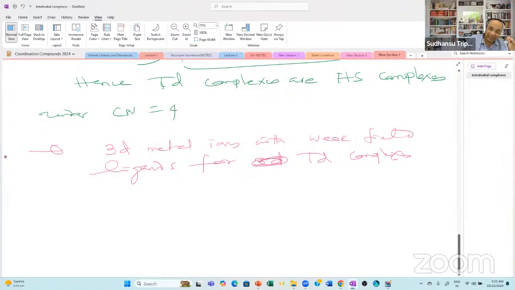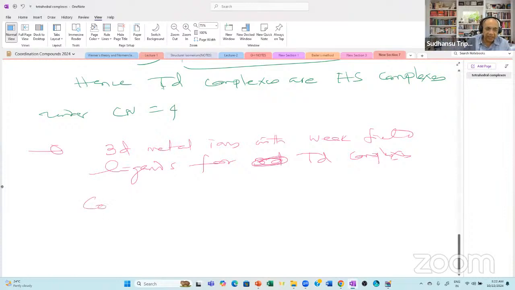The glaring exception is cupric tetrachloride, or cuprate, which has a distorted tetrahedral, or it is better to call it square planar. That is something different as we study the Jahn-Teller effect, the distortion, how D9 configuration behaves. That is a separate story.